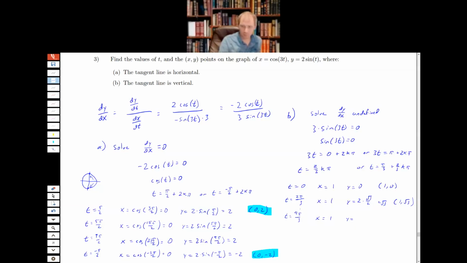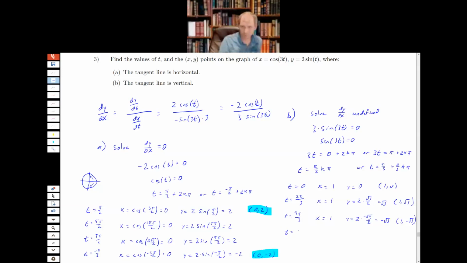When I put in 4 pi over 3, I'm going to get a negative root 3 over 2 in the sine function. So we end up with a negative root 3, so we have 1 comma negative root 3. Okay. So this is k is 0, 1, 2.